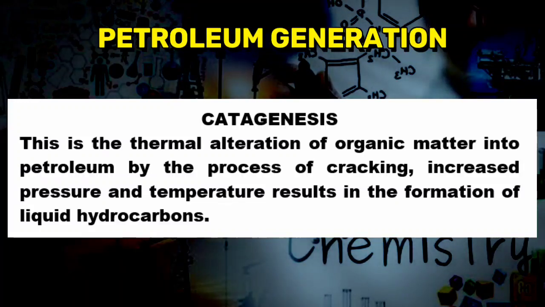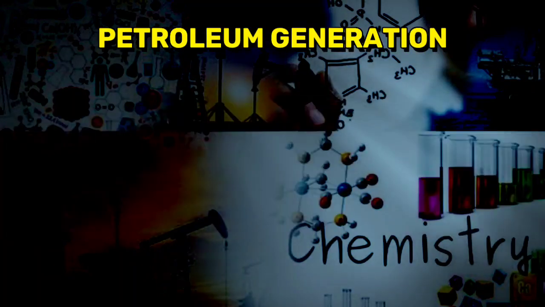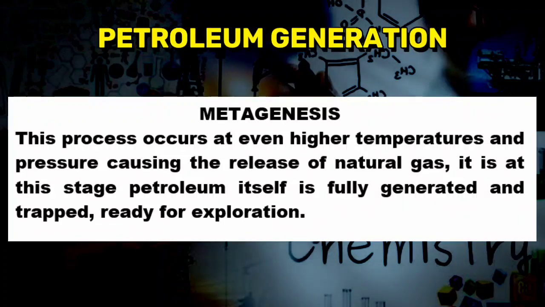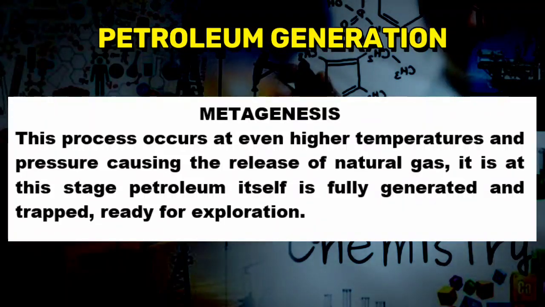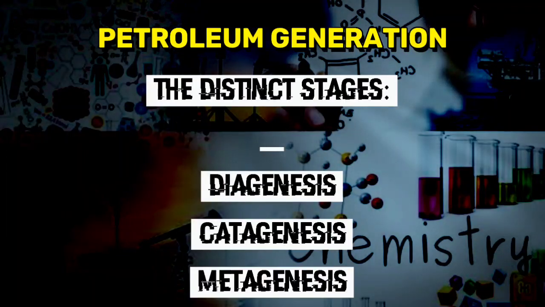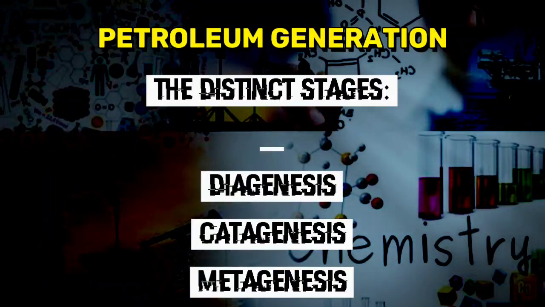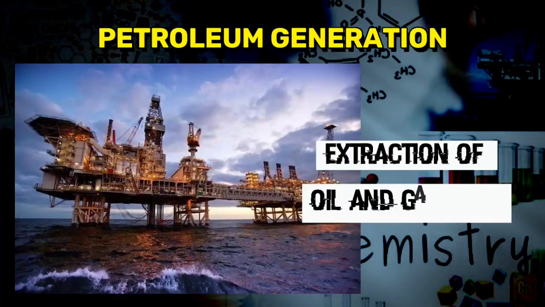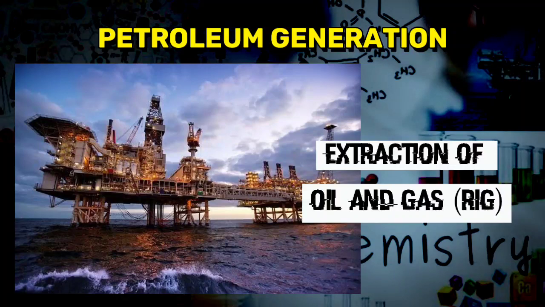We've talked about kerogen as a fossilized, insoluble organic residue. The cracking of kerogen results in the formation of liquid hydrocarbon. This is essentially how petroleum and natural gas are formed before they are extracted, or drilled, and then refined.